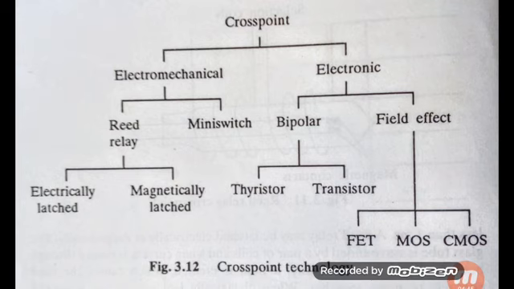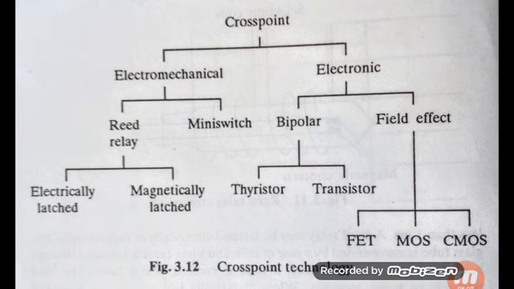In the crosspoint technology family, we use several elements and methods to convert the information into different forms and share or transfer the information to the particular track lines through the sender. Here FET means field effect transistor.